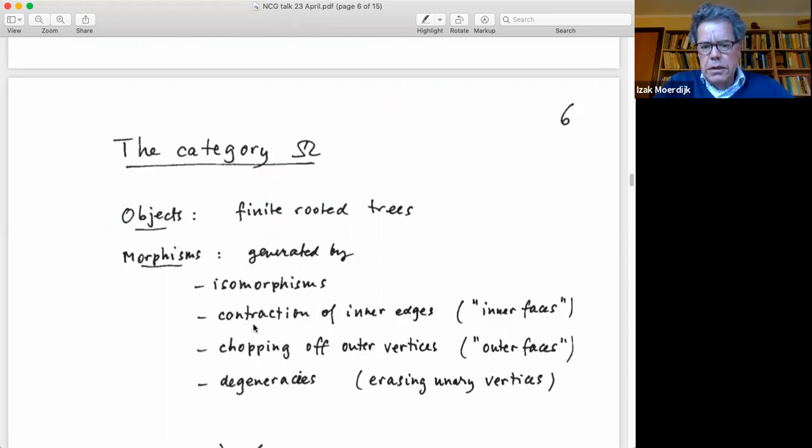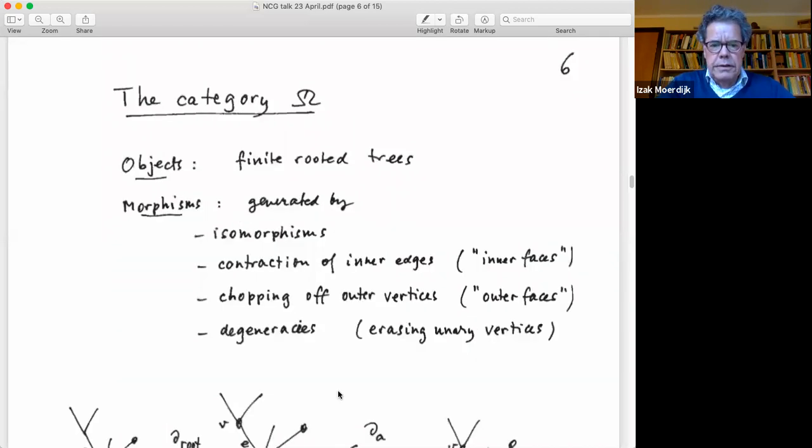And then there are 3 other types of morphisms. There are inner faces, which contract an edge in a tree. There are outer faces, or external faces, which chop off an outer vertex from a tree. And there are degeneracies, which collapse unary vertices.